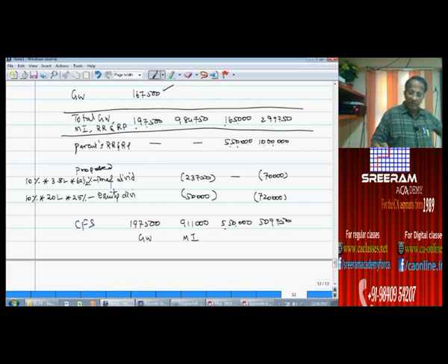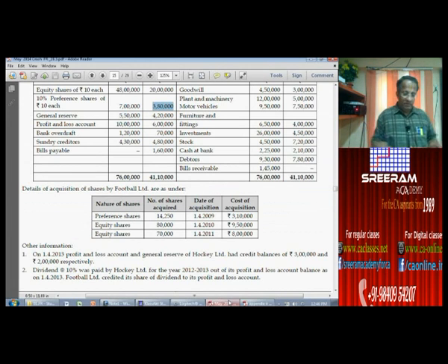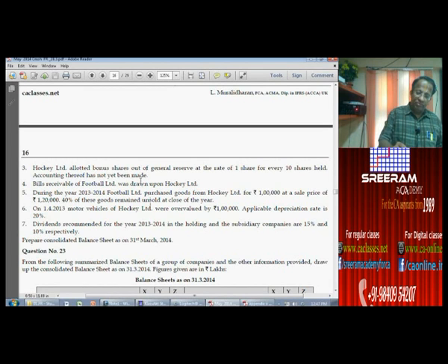Yeah, sorry. Yeah, 165 I have not taken. How much? 1 lakh? 7 lakh 14. Actually, sorry. So this is consolidated general reserve, and here we have to take up all this. Now check up with your adjustments. Profit and loss account taken, 10% pre-acquisition dividend taken, then bonus shares taken, bills receivable will be taken towards the end, then it is upstream sales, motor vehicle we have taken up, dividend also we have taken up.